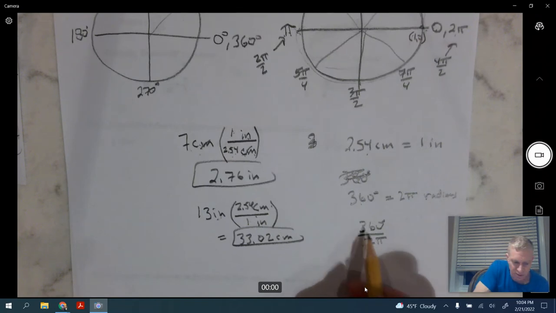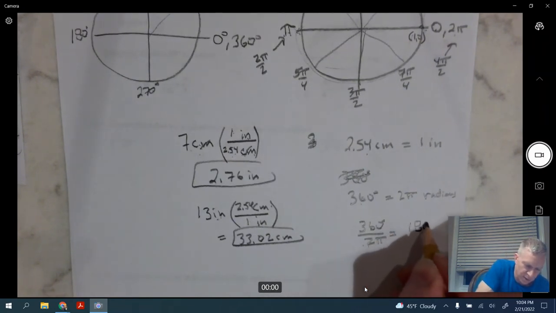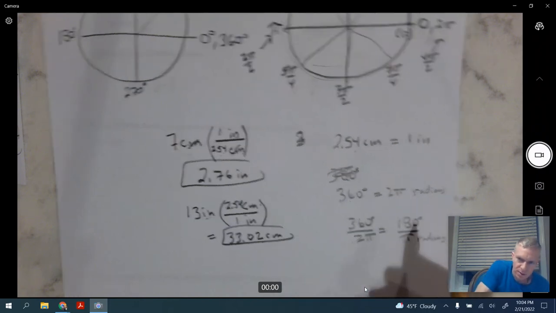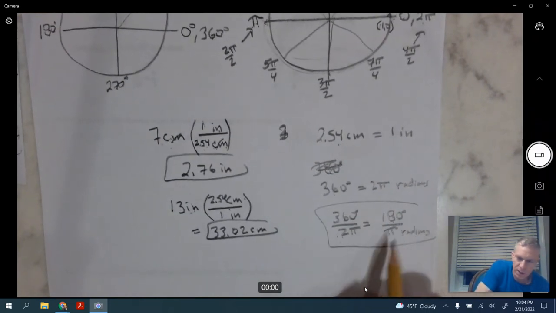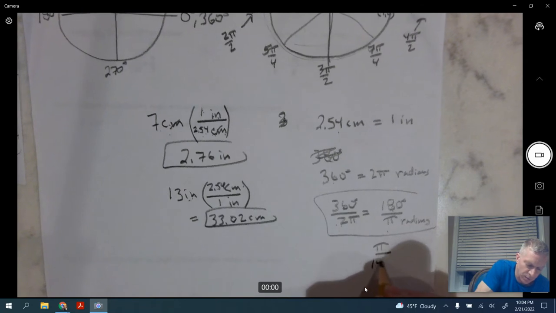Just because they're both even numbers, we can divide by 2, and we've got 180 degrees over pi radians. There's our conversion factor, 180 over pi, if we're converting from radians to degrees. If we want degrees to radians, our conversion factor would be pi over 180.